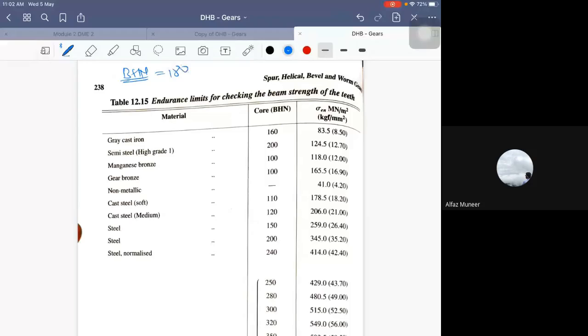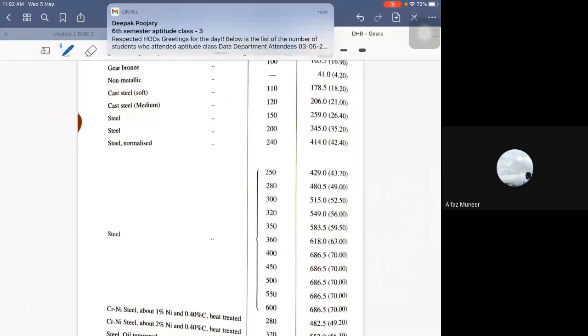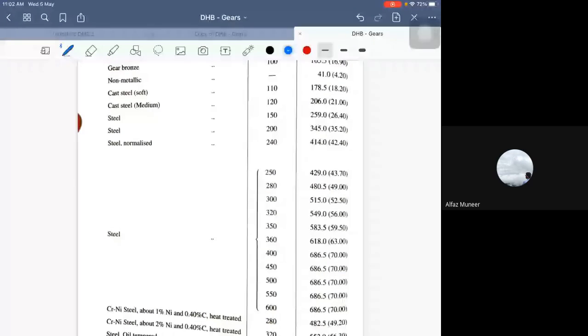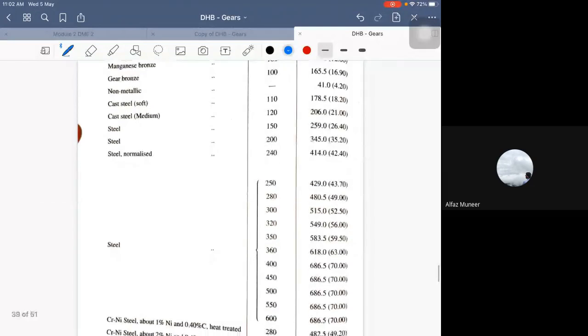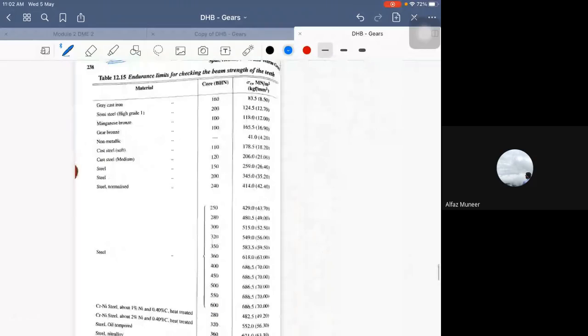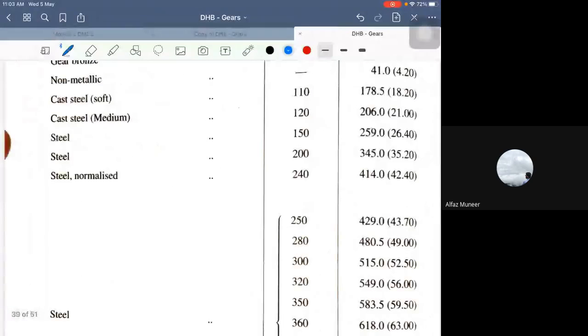So just check for 180. Go for steel. Okay, we don't have it for 180 here.